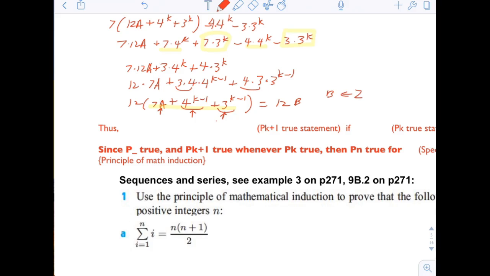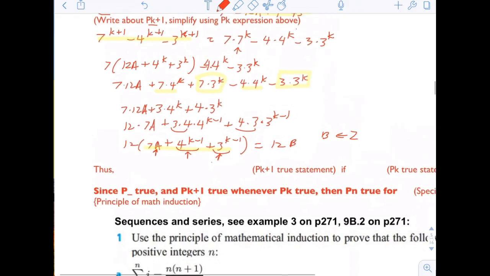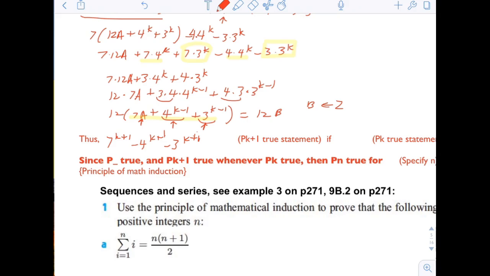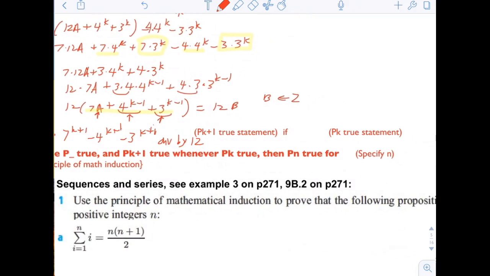So that means that the expression that we started with, 7^(k+1) - 4^(k+1) - 3^(k+1), is divisible by 12, if 7^k - 4^k - 3^k is divisible by 12.